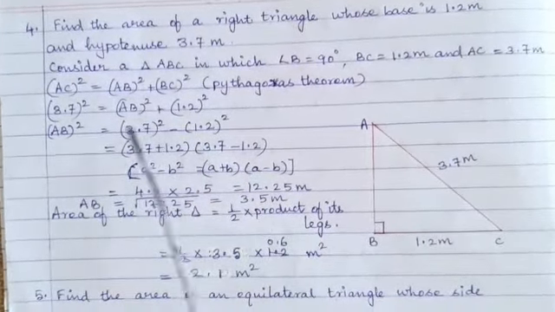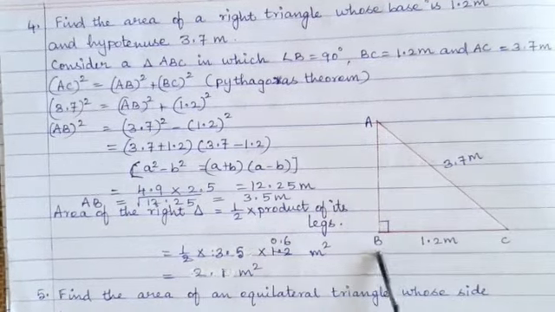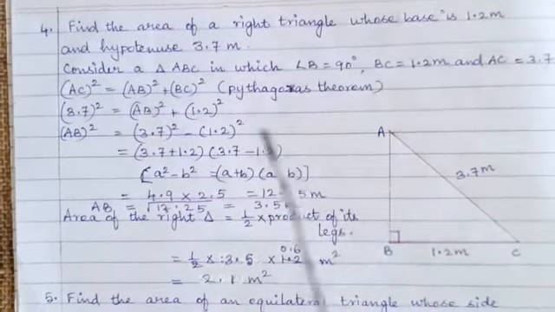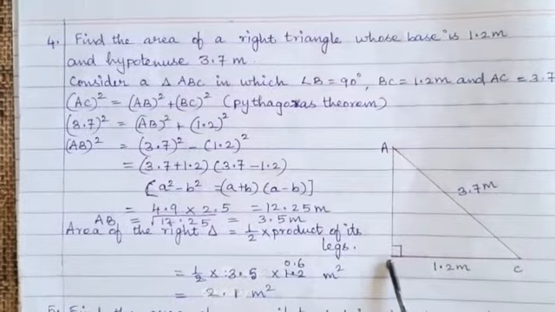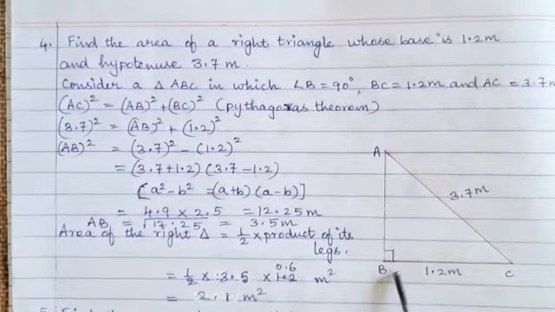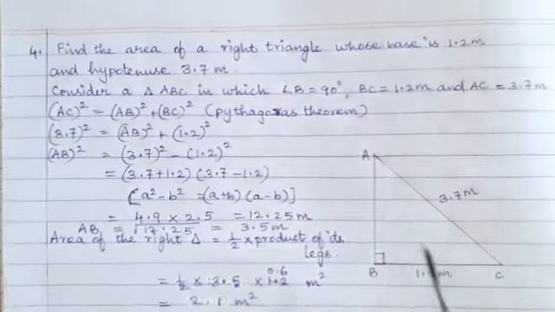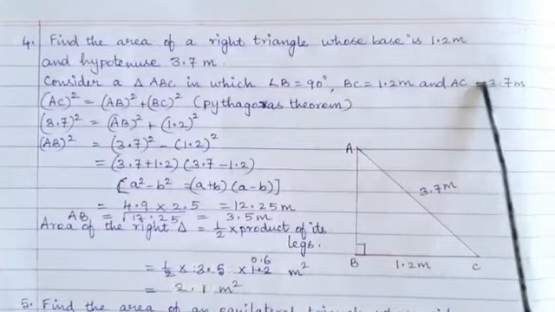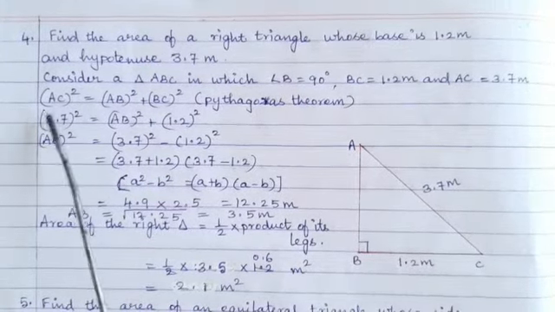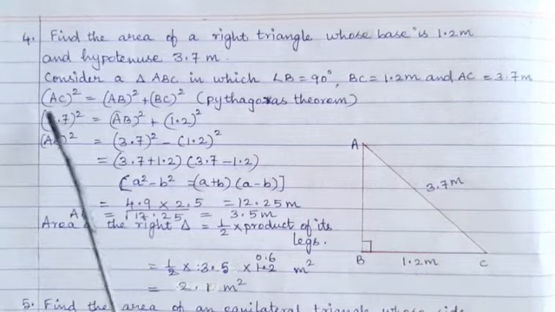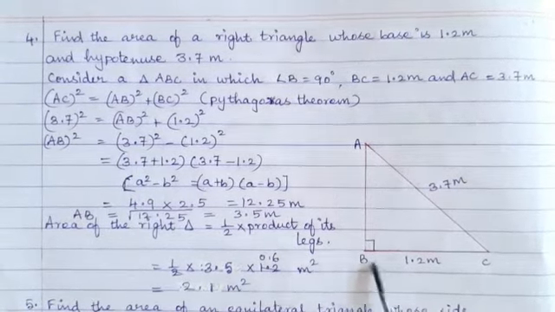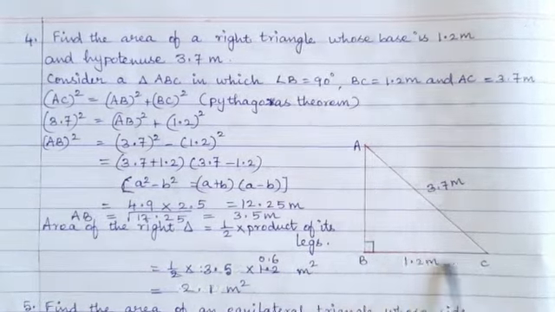Now we see the solution. Consider a triangle ABC, a right triangle in which angle B equal to 90 degree, BC equal to 1.2 meter and AC equal to 3.7 meter. Pythagoras theorem: AC squared is equal to AB squared plus BC squared.